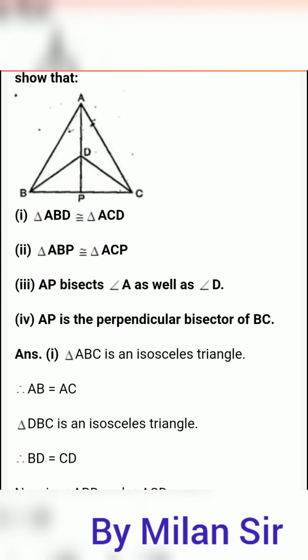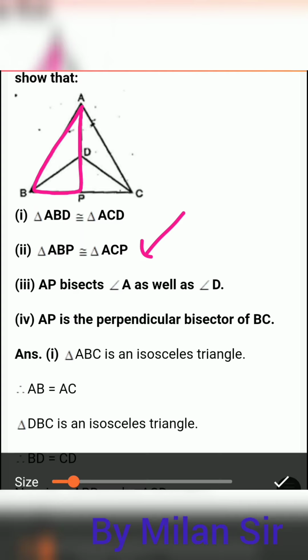Now the second question: triangle ABP is congruent to triangle ACP. We need to prove that both triangles, ABP and ACP, are congruent.